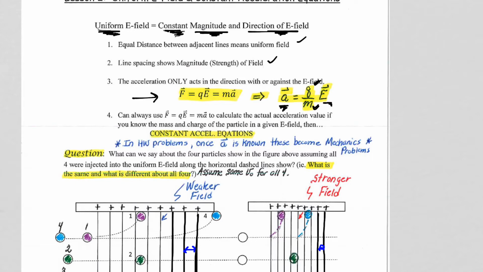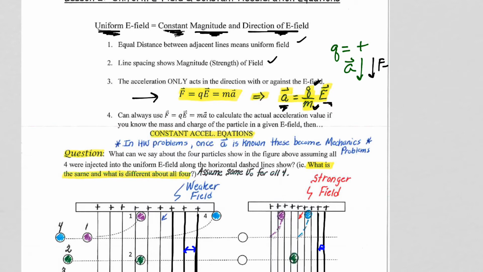Now, the other thing we definitely need to know for this page of notes and for these homework questions is what the positive or negative q tells us about the acceleration. Well, if the q is positive, so let's use green for positive, then the acceleration will be in the direction of the electric field.